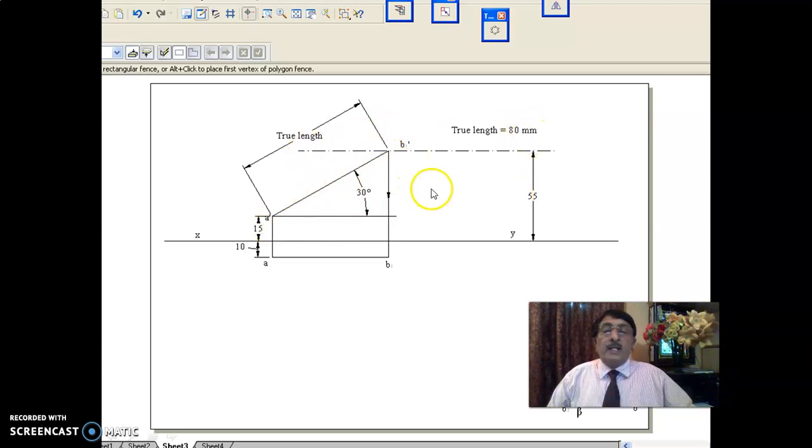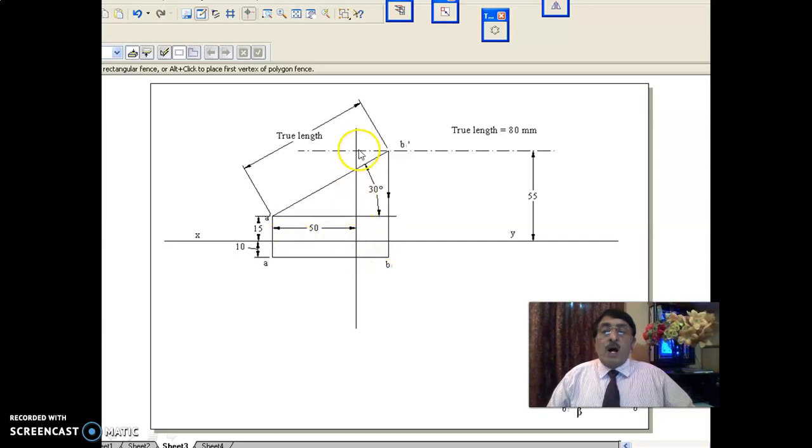Right now you utilized 30 degrees, that is theta. This parameter you utilized. And this parameter, the locus in the front view, end B above HP, they have given; this second parameter also you utilized. One more parameter is there. This is called the distance between end projectors measured parallel to the XY line, 50 mm.